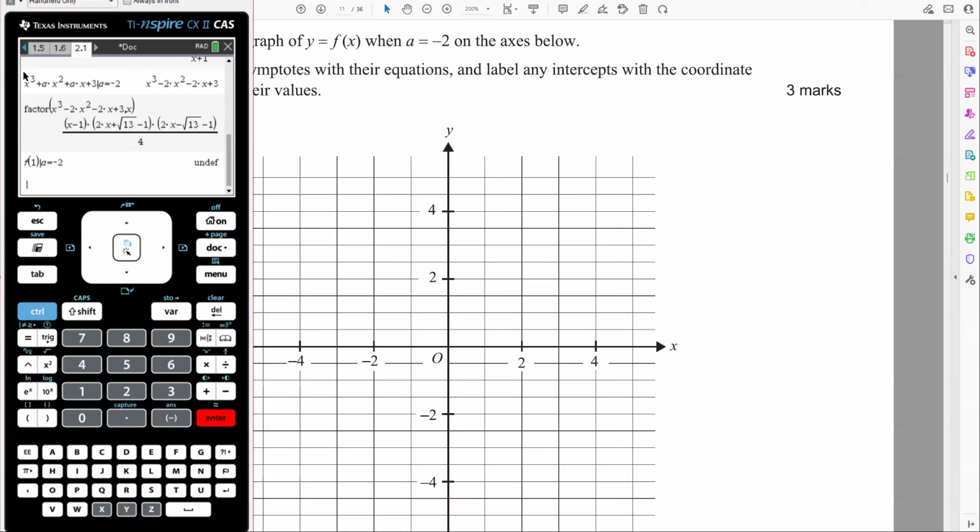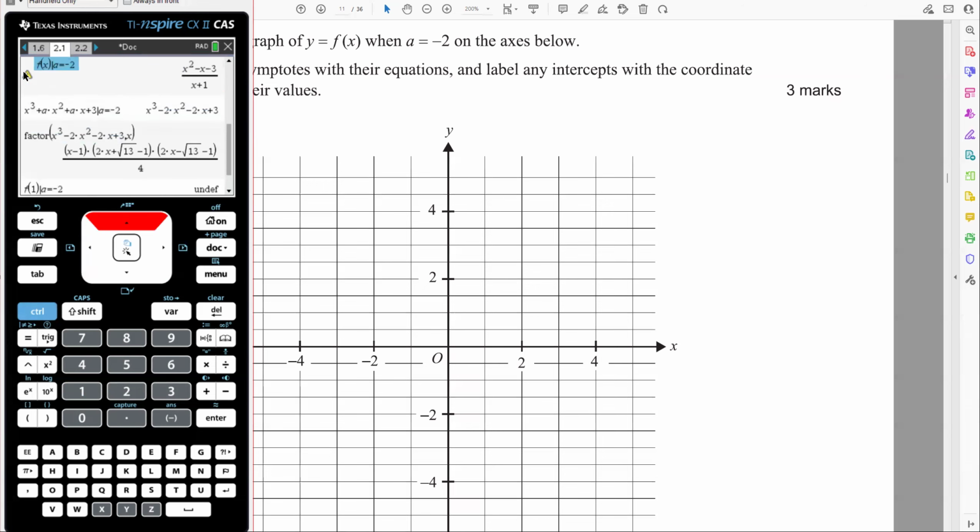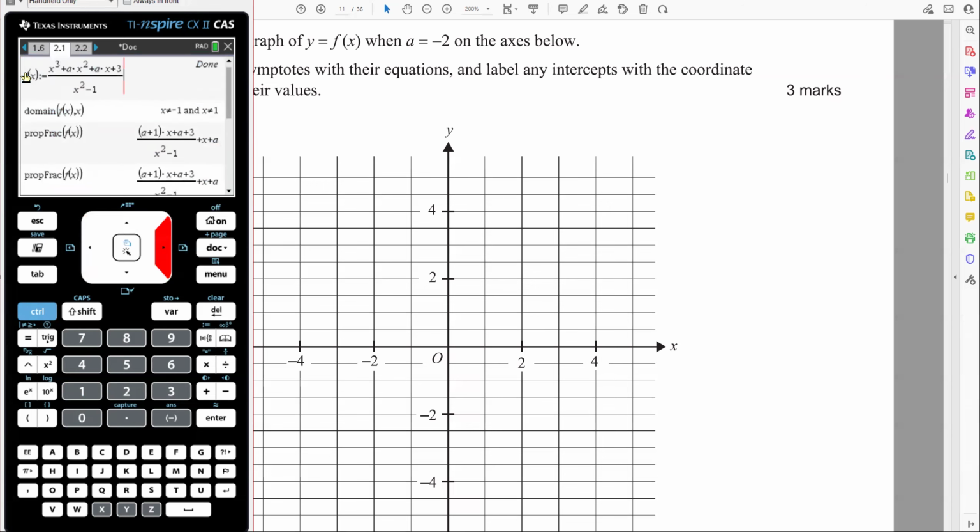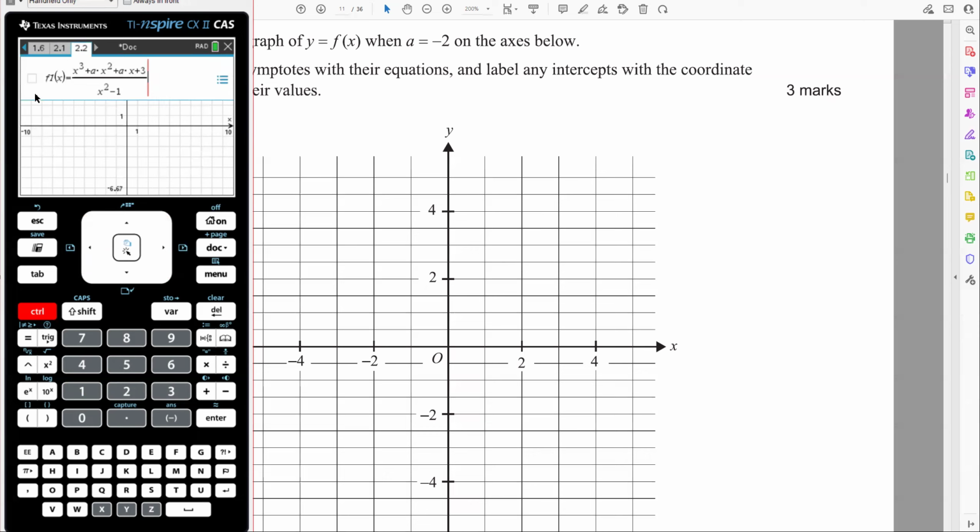And when you graph this function, if you put -2 here, it looks not too much different from what I just drew before.